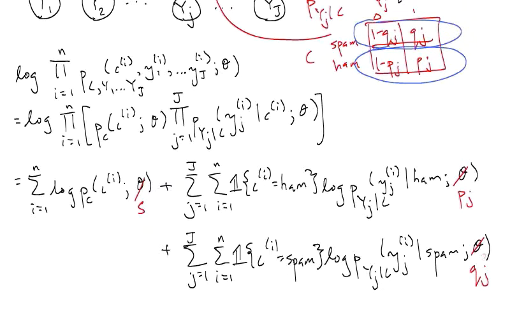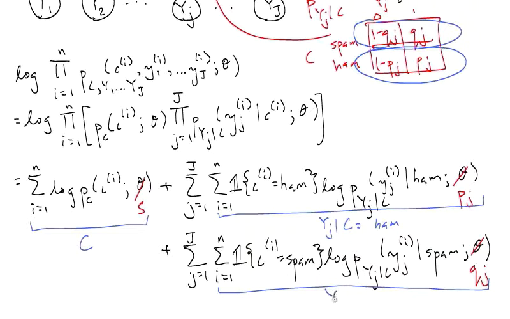In particular, you can view this first piece as corresponding to the log likelihood for random variable C. This piece corresponds to the log likelihood of random variable y_j given C equals ham, and this piece is y_j given C equals spam. And of course, we're summing over the j's.